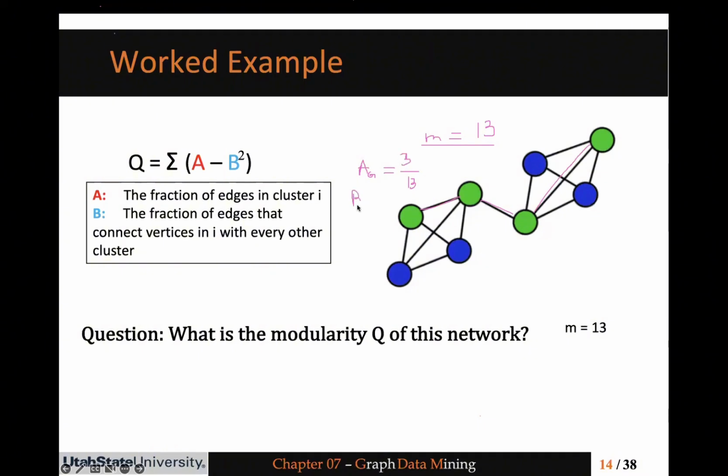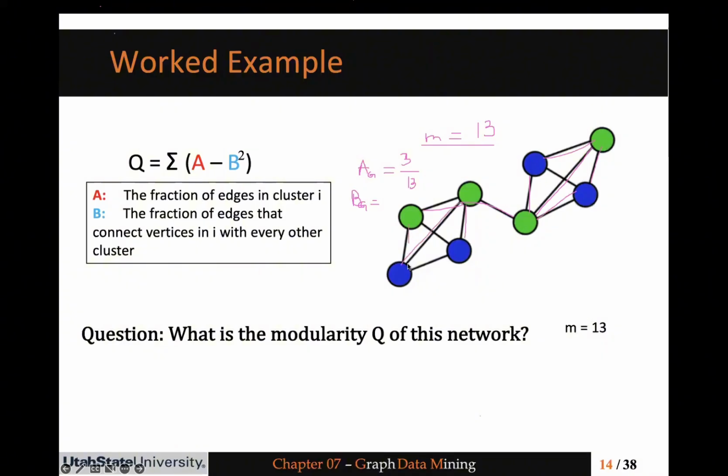All right, so now let's find B green, right? Which is the fraction of edges that connect the green to the outside world, right? So in that case, I should still count the edges which connect the green together. In addition to that, I need to count all the edges that connect the green nodes to the blue nodes. So we have these two other edges. We have this edge that should be counted. This edge should be counted. We have also this edge which connects these two.